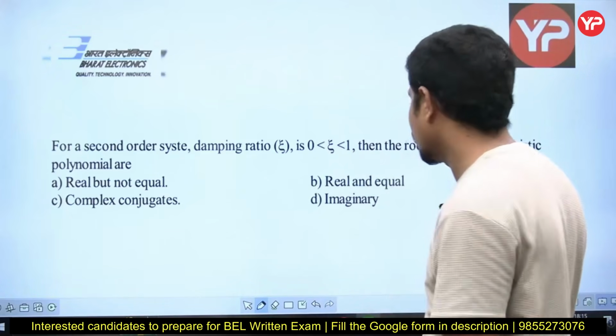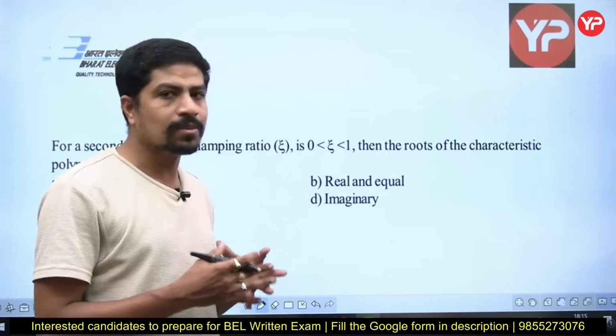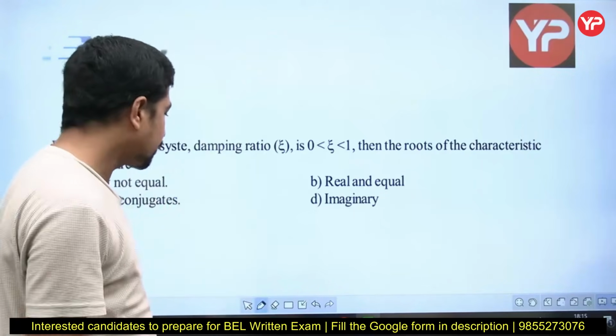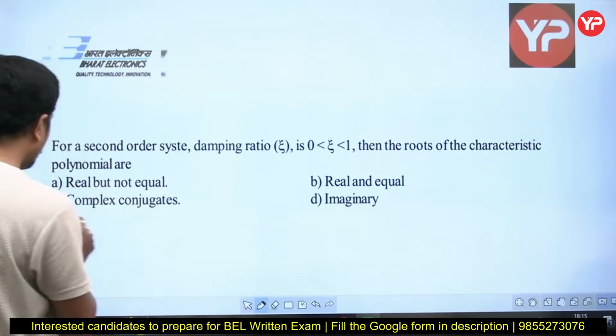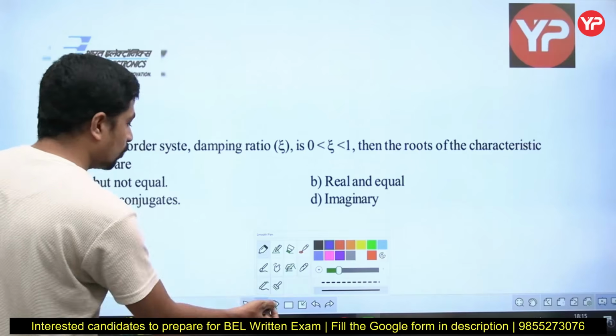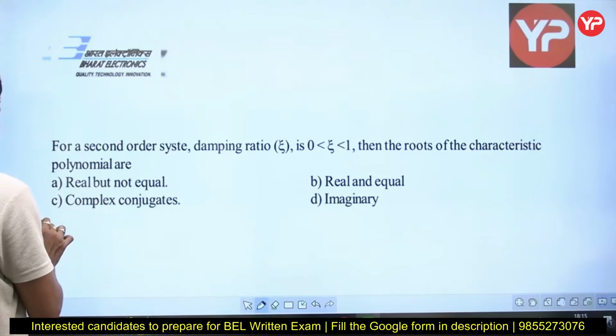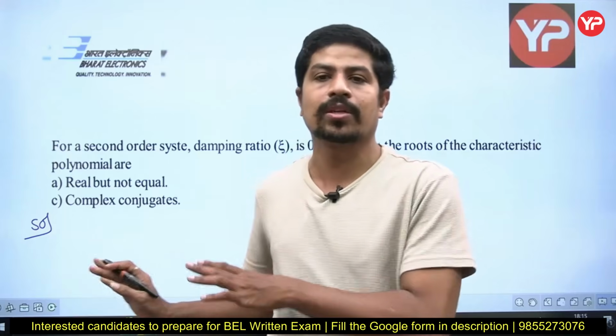My very first question is, see, I have taken the questions in such a way that they will match exactly the BEL exam. Read the question carefully. The very first question is asking about damping ratio. We will explain very clearly the concept which is relevant to this question.